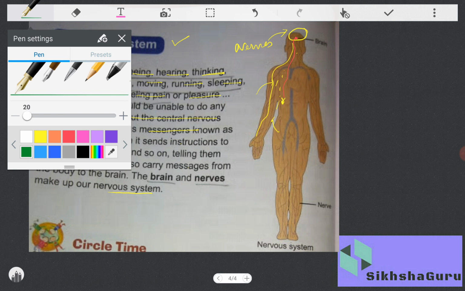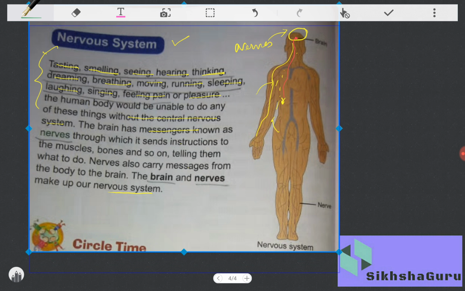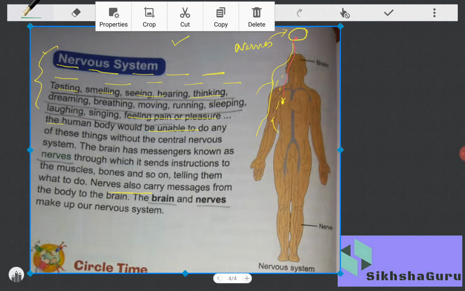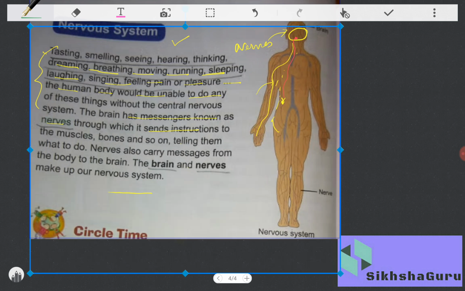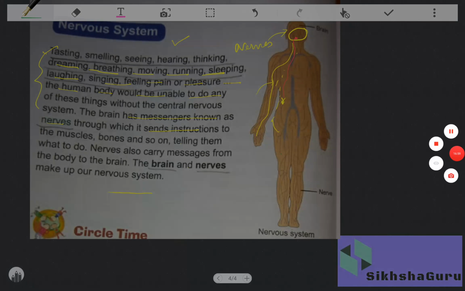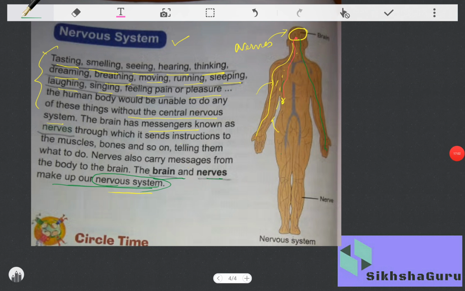The brain sends an instruction to your hand. So when a mosquito sits over here, the nerve carries the feeling of pain to the brain. The brain gives an instruction immediately, all this within a fraction of a second, to the hand to smash the mosquito. Your hand hits the mosquito. So brain and nerves work together, and this makes up a nervous system.